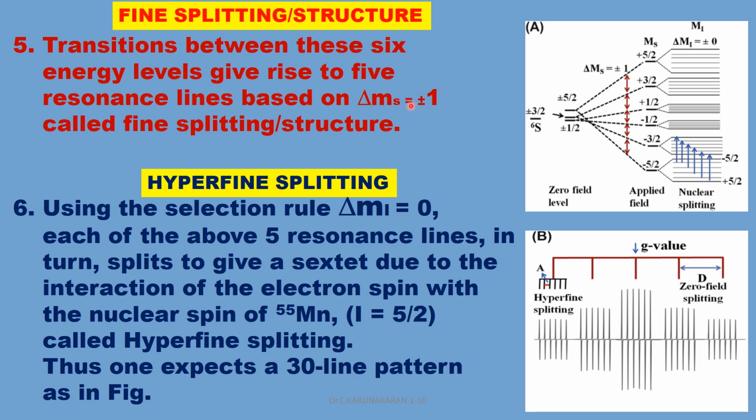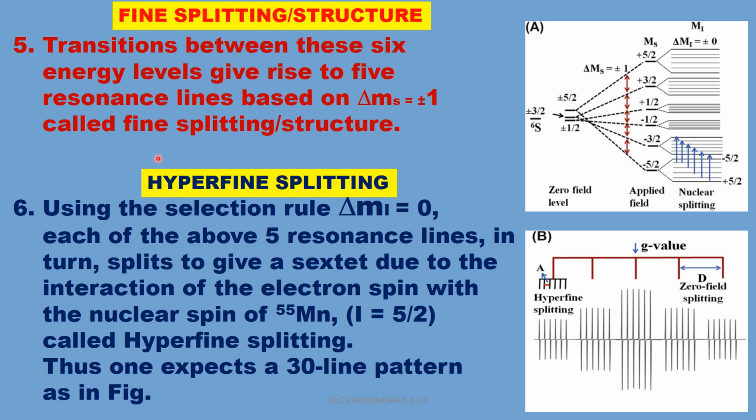So there are 1, 2, 3, 4, 5 resonance lines observed due to zero field splitting in the presence of applied field. This set of 5 lines observed in the EPR spectrum is called fine structure or fine splitting.